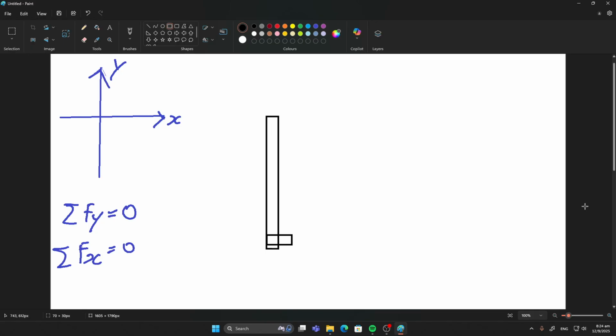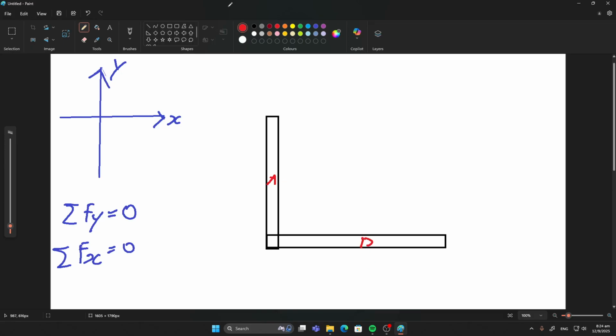Let's make it relatively simple with two bars that are running along an axis. I'm going to use this as my pivotal point. So we have bar A and bar B. Let's first assume the direction of the force, either tension or compression.